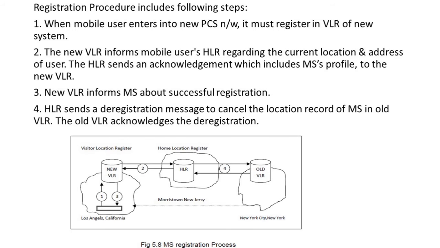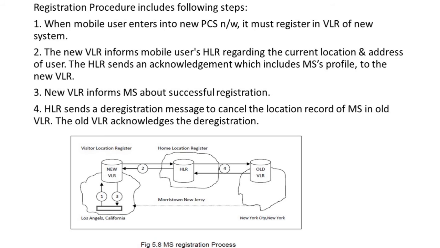The new VLR informs the mobile user's HLR, the home location register, regarding the current location and address of the user. The visitor location register should have the information of the user who has entered its area. Where will it get this information? It will get it from the HLR, the home location register, where I have registered my mobile.